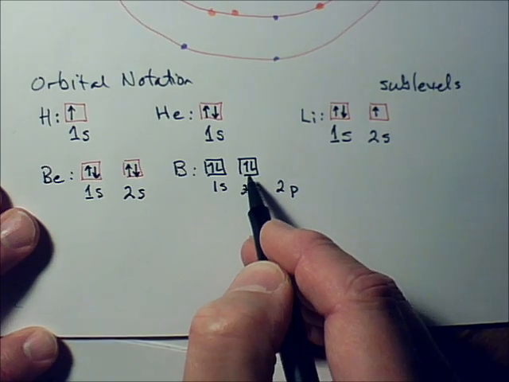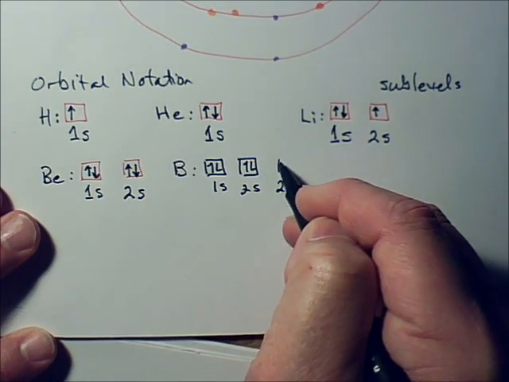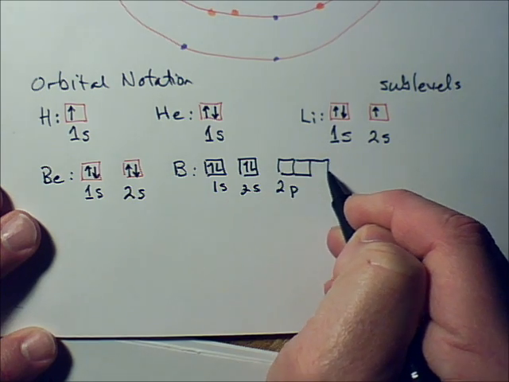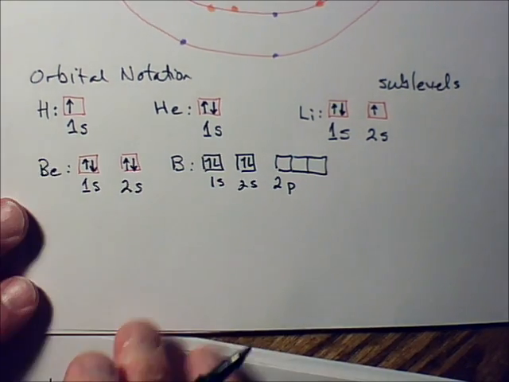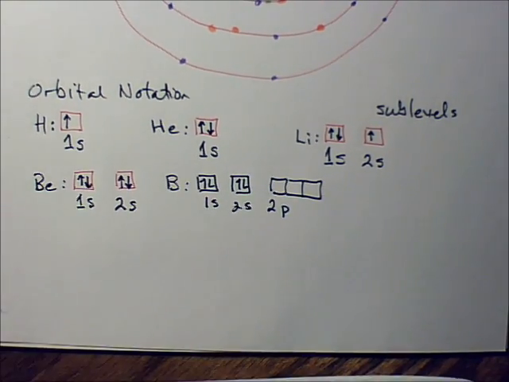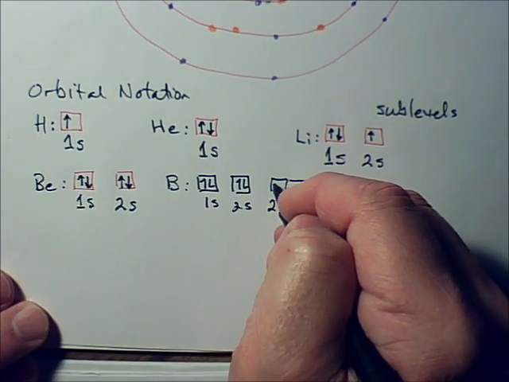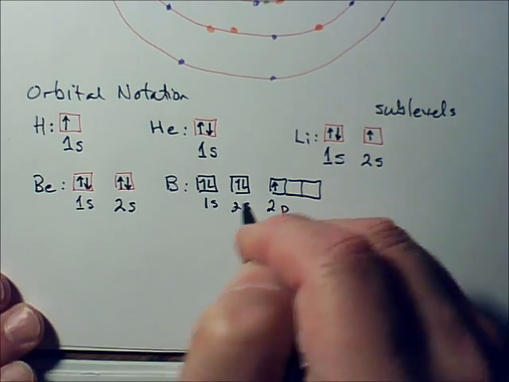So I can only put 2 in S. I need 3 more orbitals to handle the remaining 6. So we're going to put those 3 boxes side by side. All right. And I only need 1 more electron. So we'll put that 1 electron upspin in the first box.